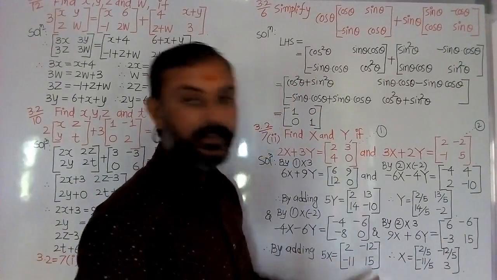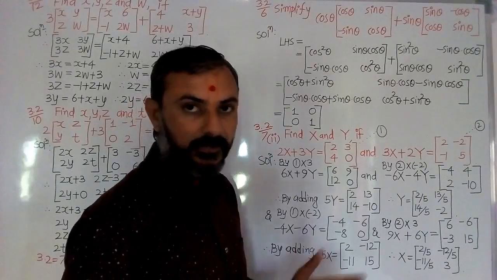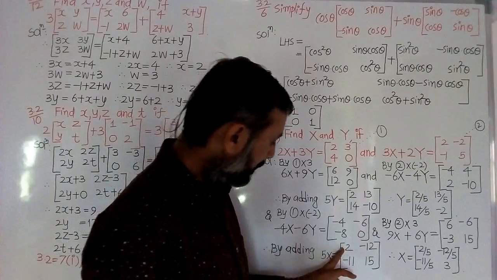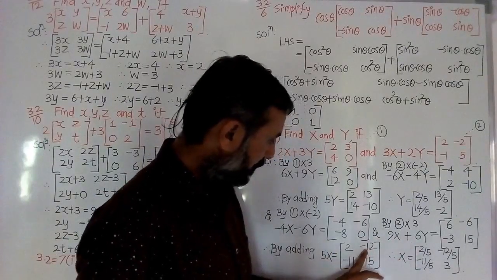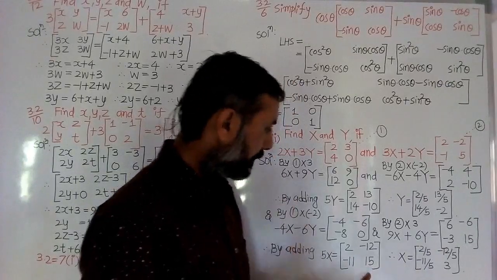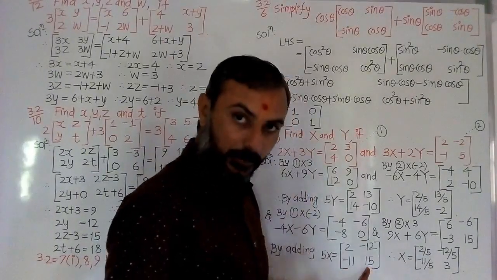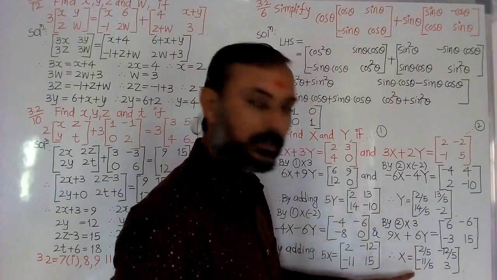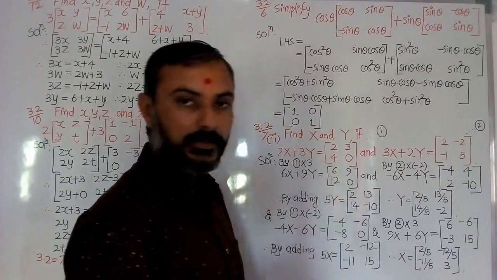So this is 5x. So what is x? Divide each component by 5. So 2 by 5, minus 12 by 5, minus 11 by 5, 15 by 5 is 3. Clear? So this is y, this is x. So this is the way.